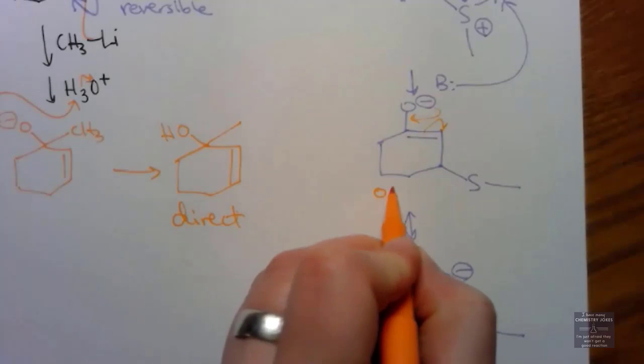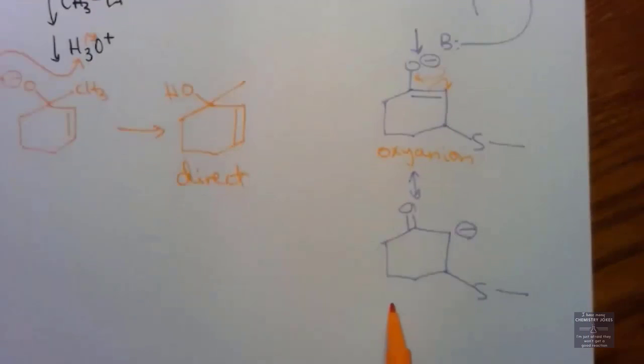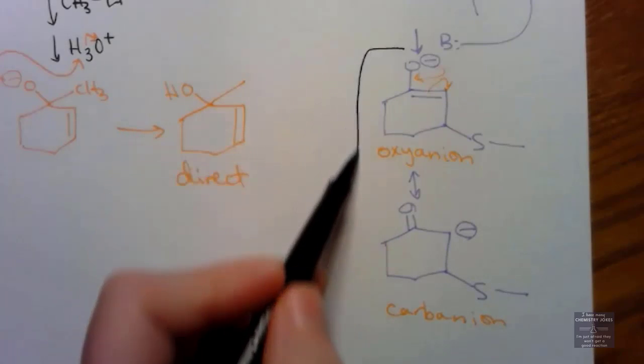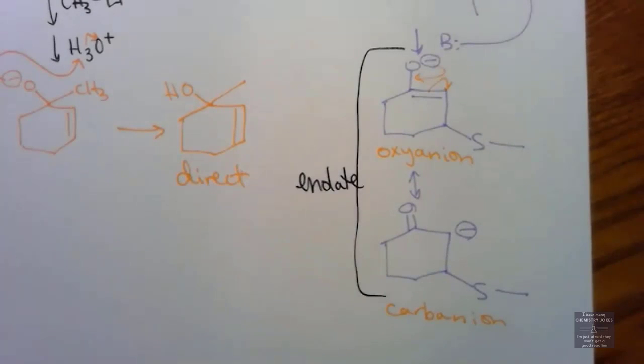This is sometimes referred to as the oxyanion, and this is the carbanion. This magical thing is called an enolate. This thing is an enolate. And in coming videos, you'll hear me say that word again and again and again. Enolate, enolate, enolate. But for now, I'm just introducing you to what it is.